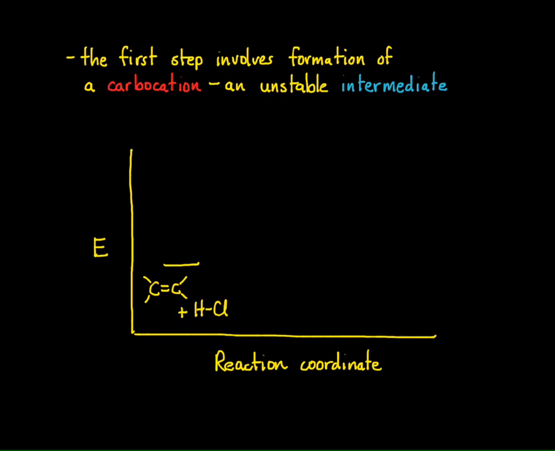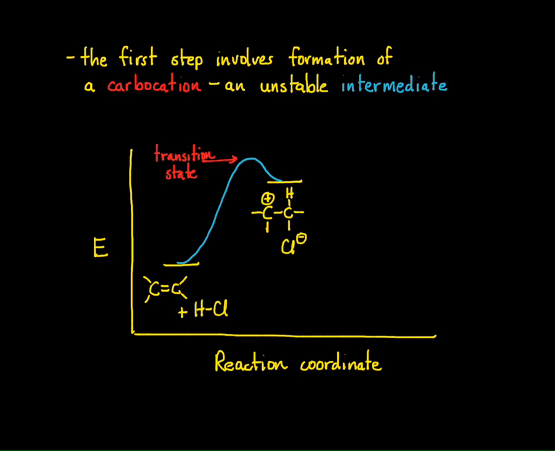We're going to have to overcome electron-electron repulsions and the instability of that carbocation, and therefore we have to add energy to form that carbocation and the chloride ion. That energy required, that maximum peak, is what is referred to as the transition state. So we have this transition state to form the carbocation.